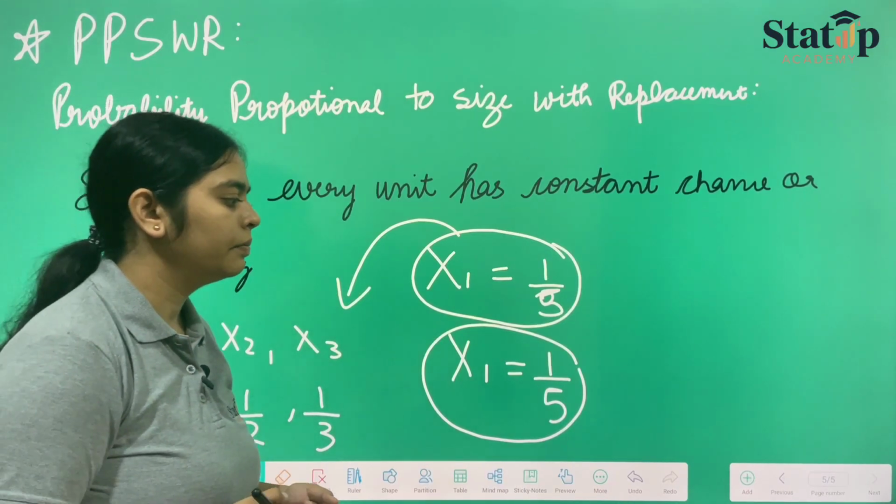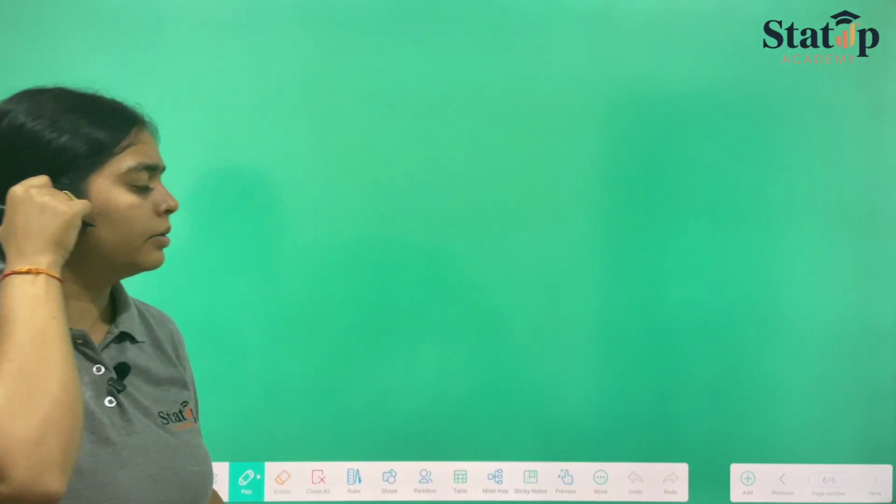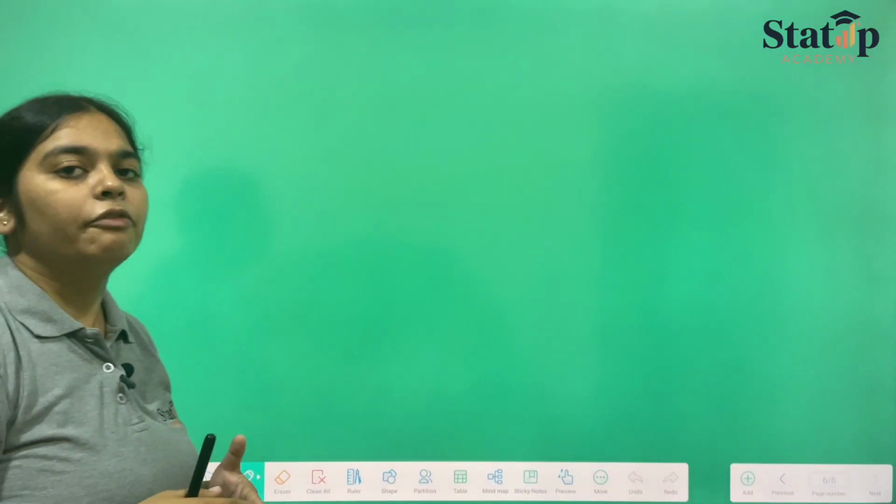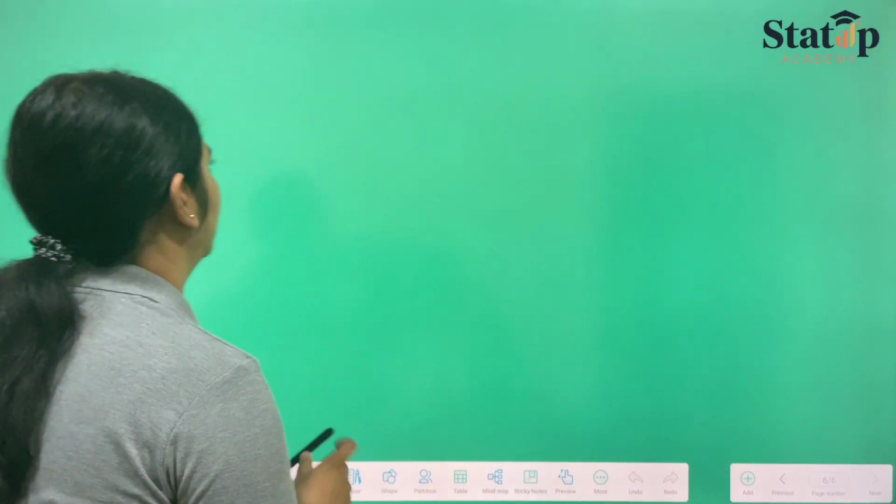Though the probabilities are not constant within themselves in the population, the probability of selection of that ith sample remains constant. There are two processes considered for measurement of this probability proportional to size with replacement. First one is cumulative total sum and the second one is Lahiri's method.